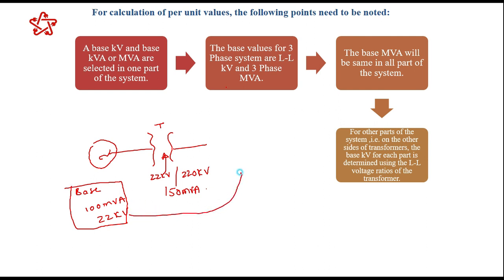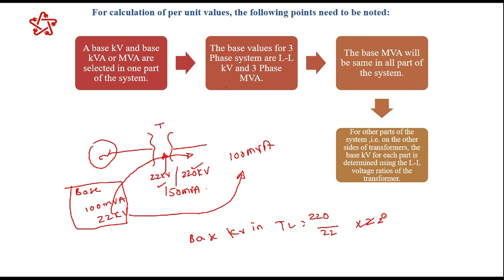The base quantity in the transmission line side, that is this side: the base MVA remains the same, that is 100 MVA, the statement I made. Now your intention is to change the base voltage to this side. Therefore, this 22 kV can be transferred because of the transformer in between. So the base kilovolts in the transmission line is the ratio, 220 divided by 22, multiplied by the base quantity 22.